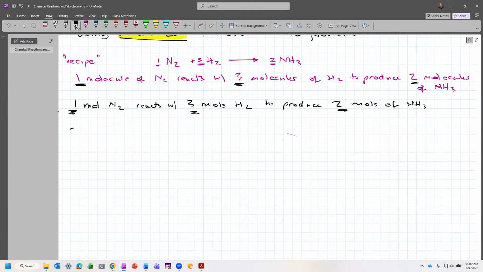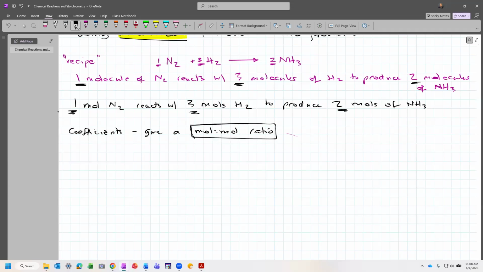Okay, so those coefficients that we use to balance the equation, and this is the key thing now, they give a mole-to-mole ratio. And that mole-to-mole ratio is at the heart of every stoichiometric calculation. Okay, this is the most important thing.